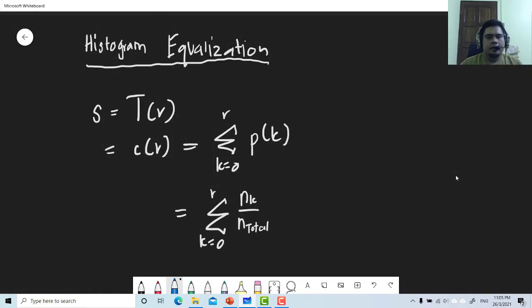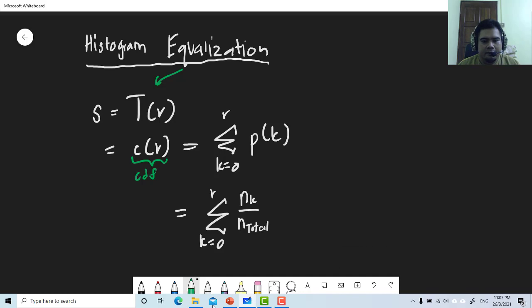As you can see, we still have a transformation function. However, for histogram equalization, the transformation function is a cumulative distribution function, represented by C of r, also known as a CDF.